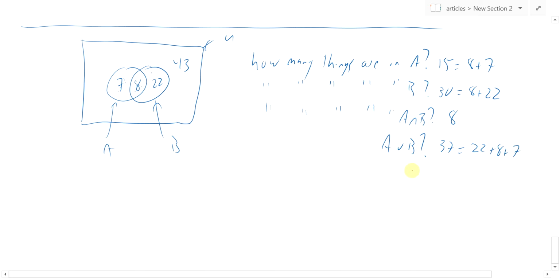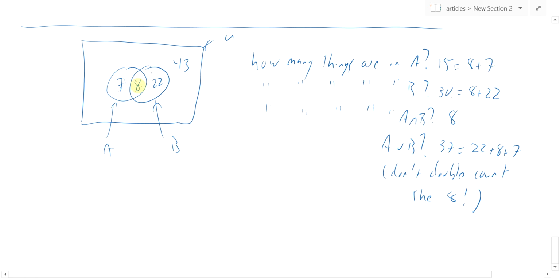Note an important point here. Don't double count the 8. Right? And what does that mean? Well, how many things are in A? 15. How many things are in B? 30. How many things are in A and B combined? It's not 45, because we don't want to count this twice.